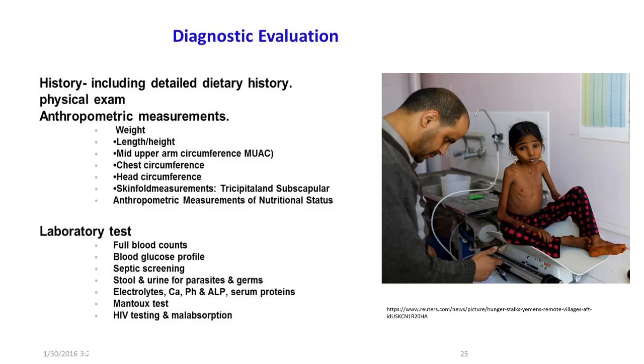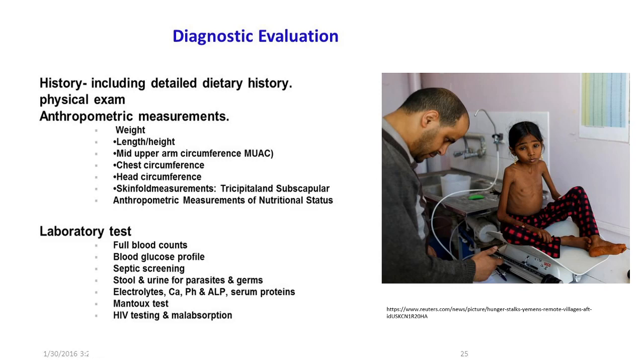We have to be extremely careful to take the dietary history and patient history to find chronic diseases and maybe congenital abnormalities. Of course, we can do very accurate anthropometric measurements: weight, height, mid upper arm circumference.